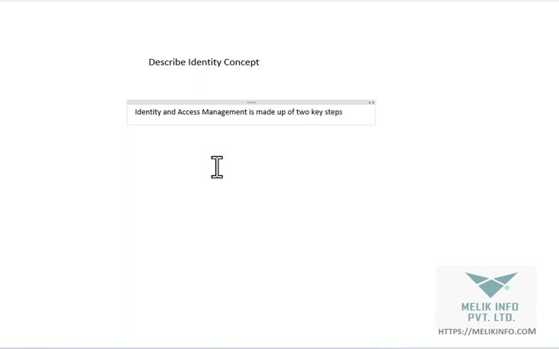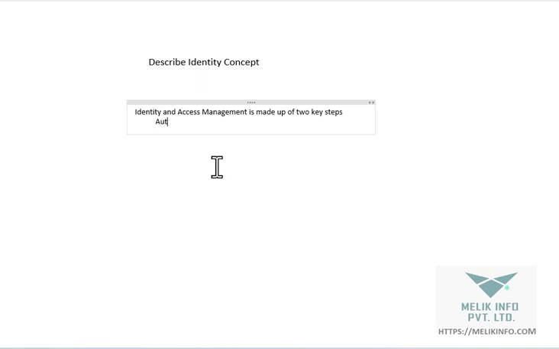Identity and access management is made up of two key steps.